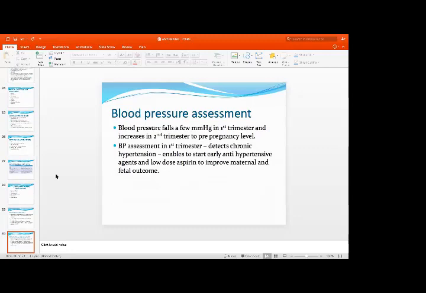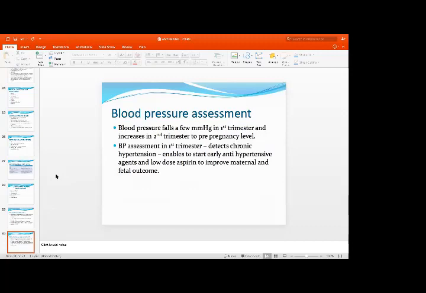Now, blood pressure assessment. Blood pressure is very important at every antenatal visit. The patient's blood pressure should be checked in a sitting or lying down position. Blood pressure falls a few millimeters in the first trimester. What happens in the first trimester? There is vasodilatation, and there is a fall in blood pressure of a few millimeters.